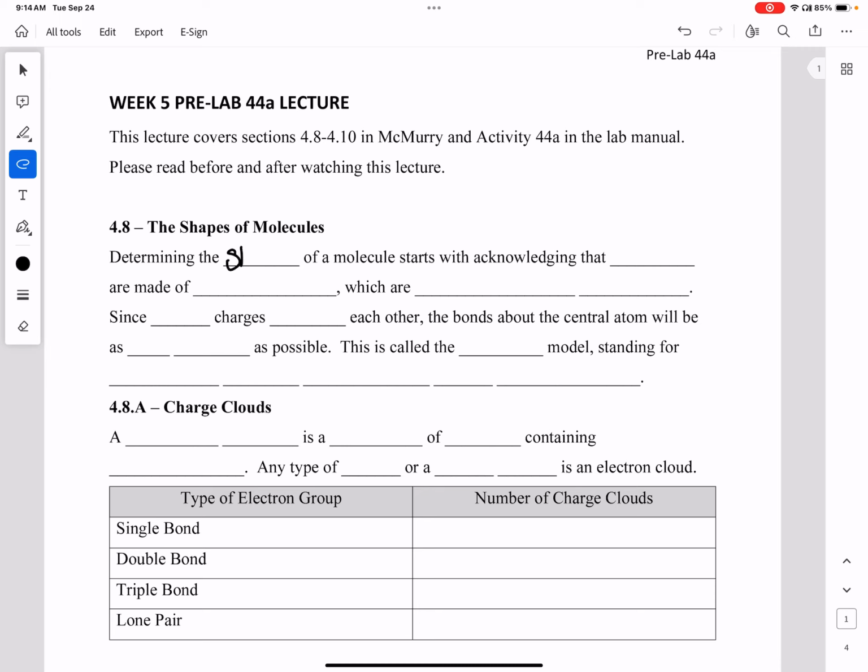So, the shape of a molecule starts with acknowledging that bonds are made of electrons, which are negatively charged.